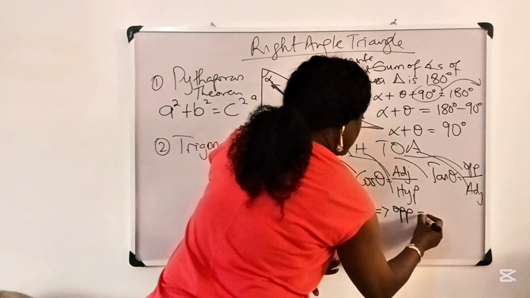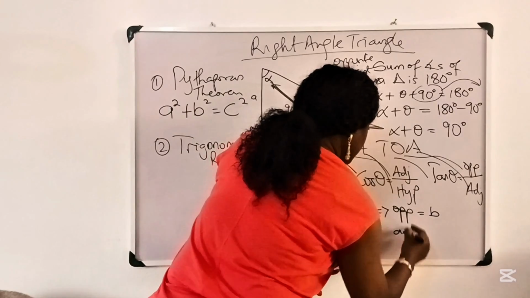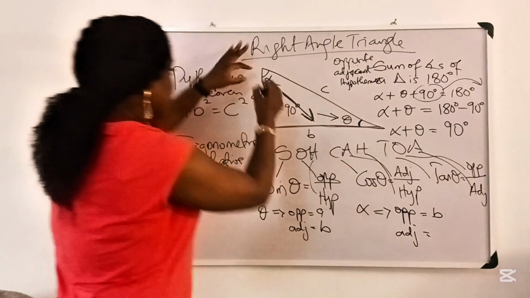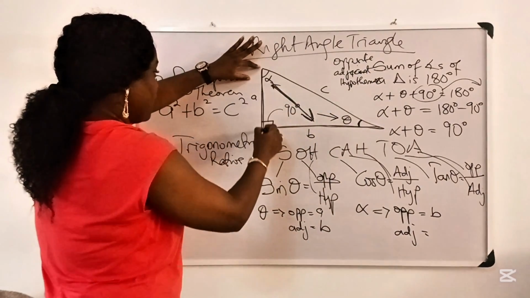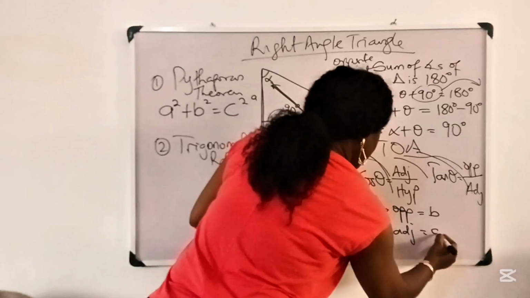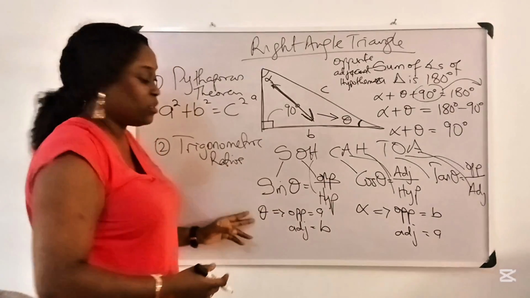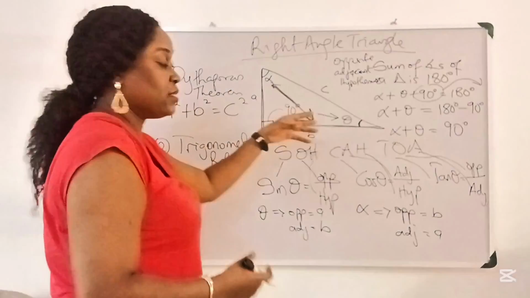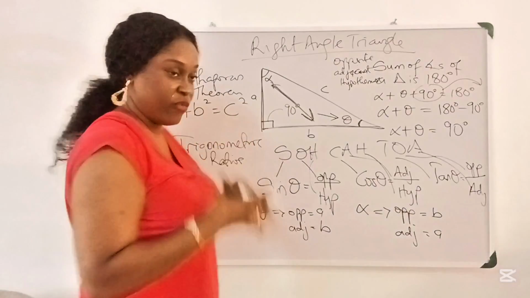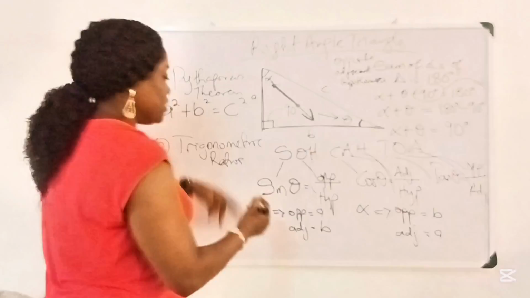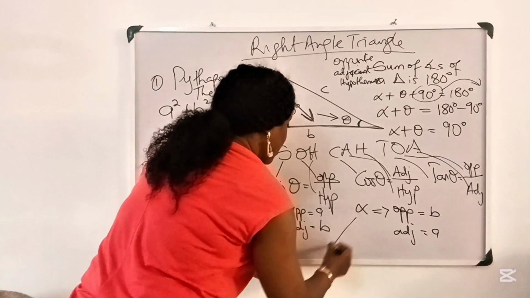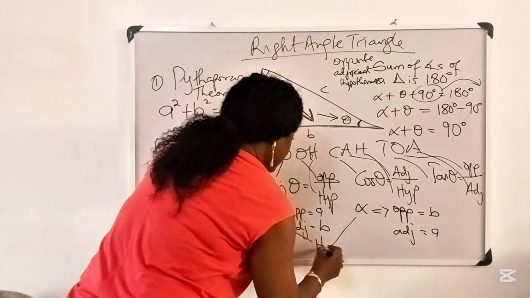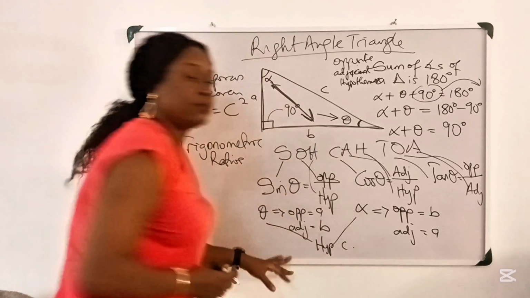So the opposite will be B, and the adjacent, the side that touches the angle alpha, is A. So you see the way it changes depending on the angle that we are looking for. Then the hypotenuse is the same for both alpha and theta.